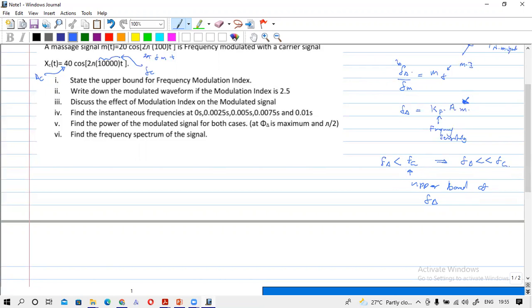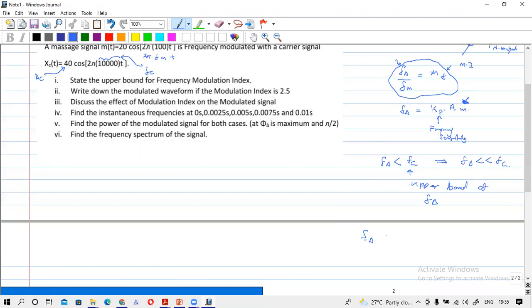Okay, and also we know the relationship between the modulation index and frequency deviation. So we have F delta less than FC. If we divide this by FM, what is this? This is the modulation index. So this is the upper bound for the frequency modulation index MF. The upper bound is FC by FM.